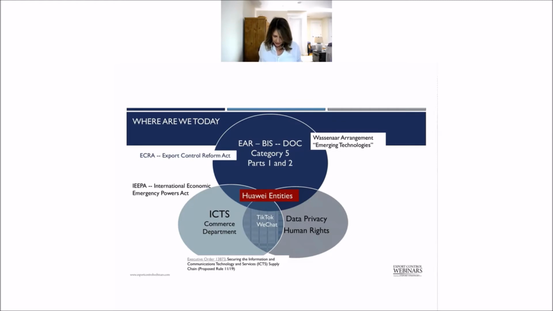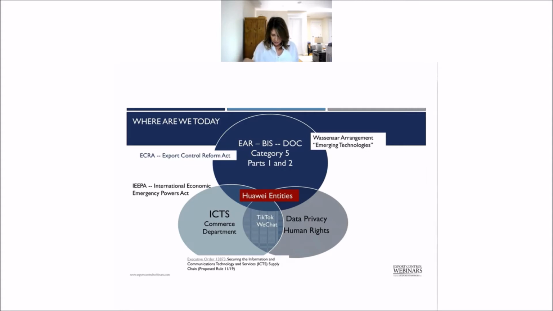Just a couple things to note. I know on the call today, we have people from outside of the United States. So people that are manufacturing items outside the United States whose customer is Huawei or Huawei related entities, or people that are providing services to Huawei related entities, have to deal with the US sanctions on Huawei.